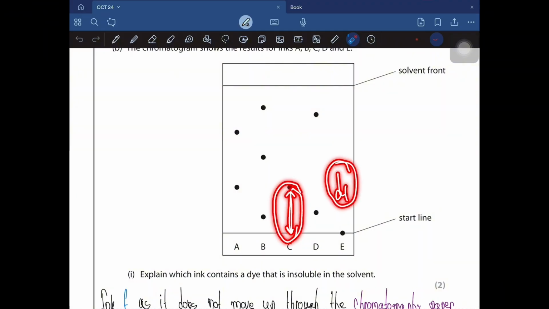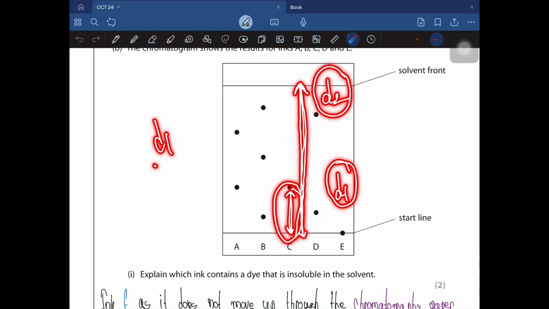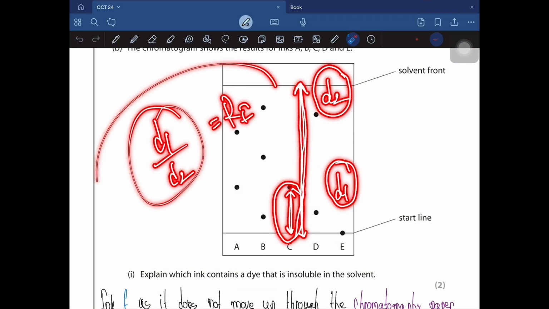Also, you have to calculate the distance of the solvent from the baseline. Assume this is d2. And once you have these two distances, you divide d1 by d2 to calculate the RF value.